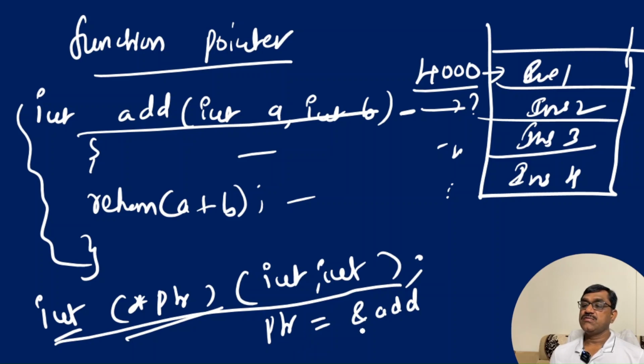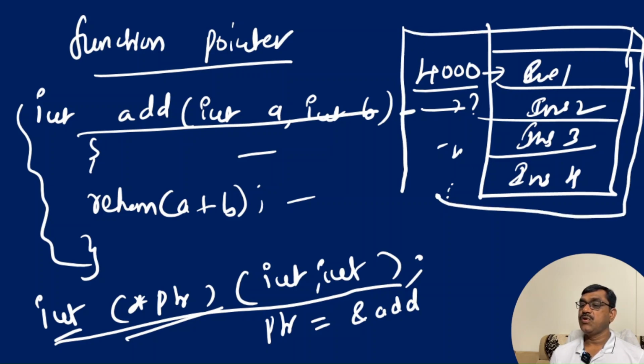When we say ptr equals to ampersand add, see, this whole treated as a single block and whose base address is given as 4000. This is the add function, right? What is the address of? So what is add here? Add means 4000. Ampersand add means again 4000. So ptr equals to, the address here is 4000. In 4000, we have again 4000.